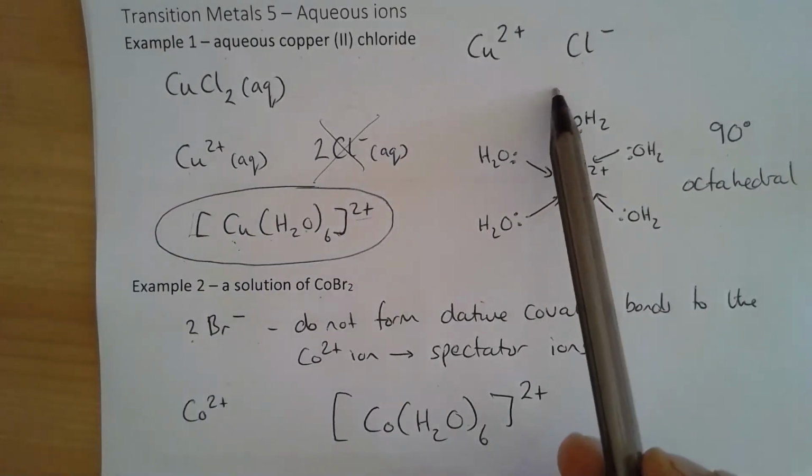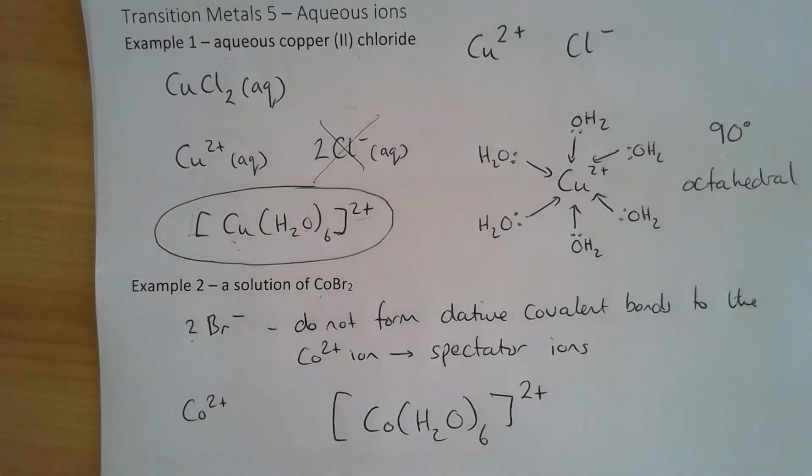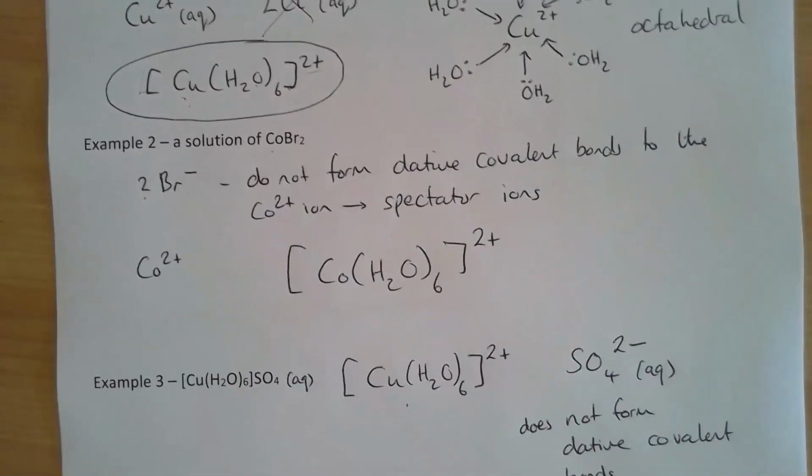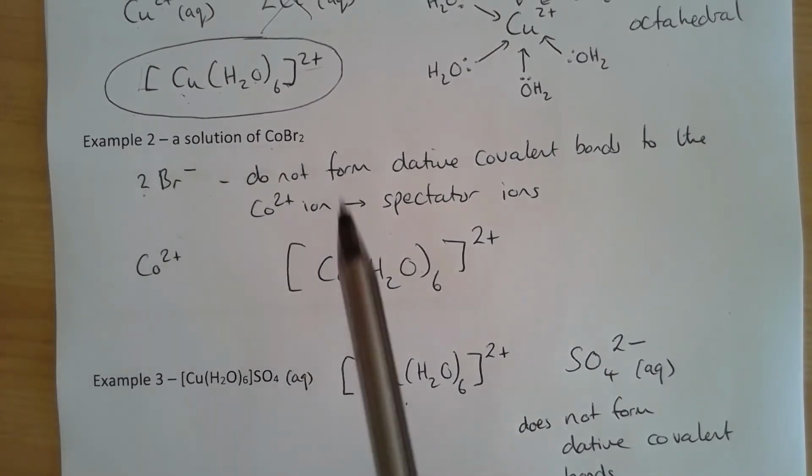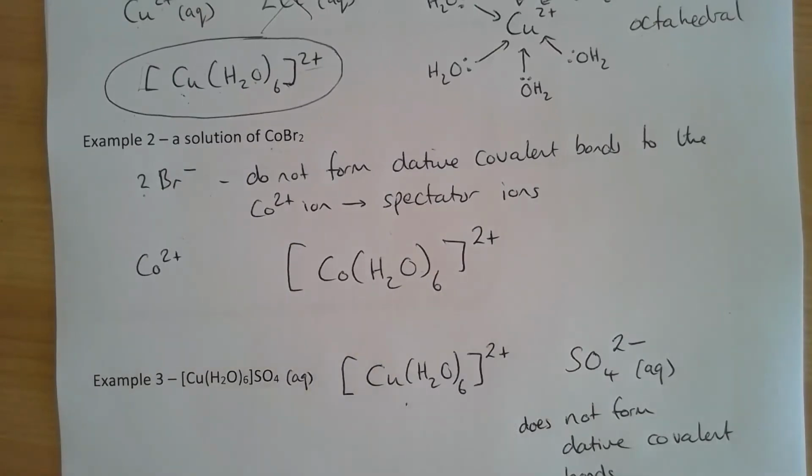Remember, the chloride ions are not involved in dative covalent bonding. The same here, the bromide ions in this formula are not involved in dative covalent bonding. They are not involved in the complex, so we have that. And similarly here, the sulfate ion does not form a dative covalent bond.